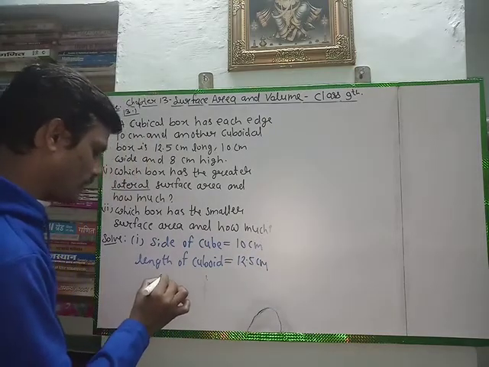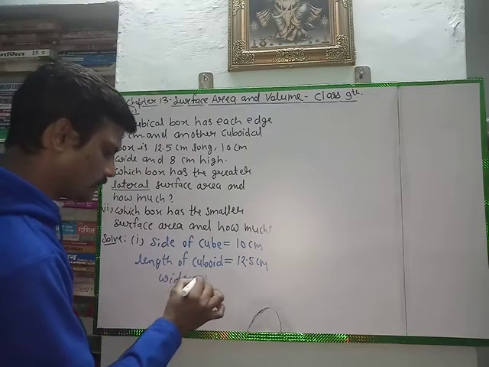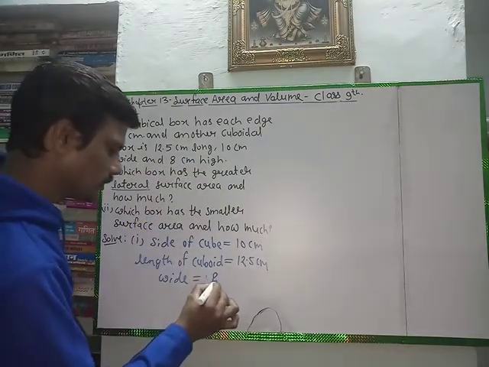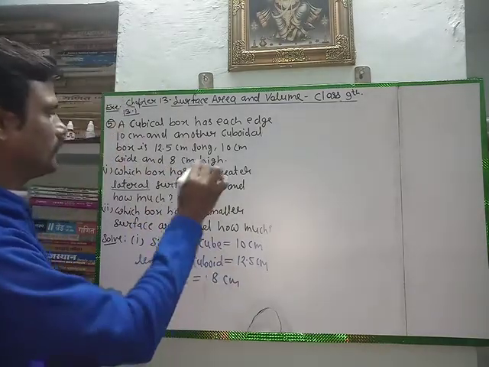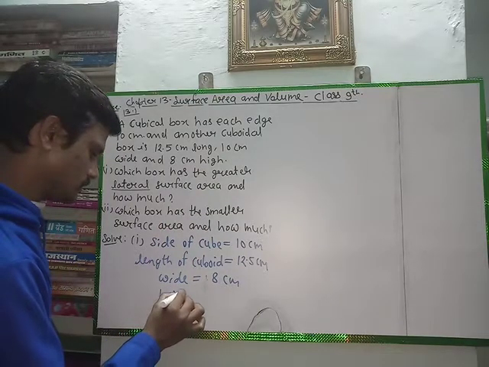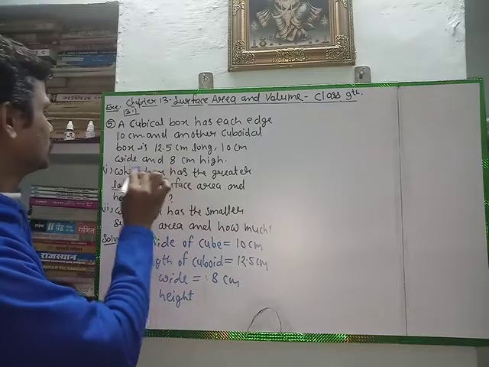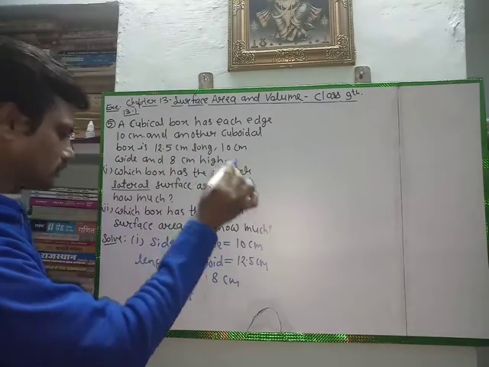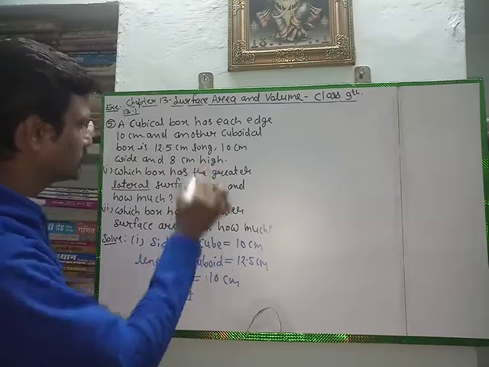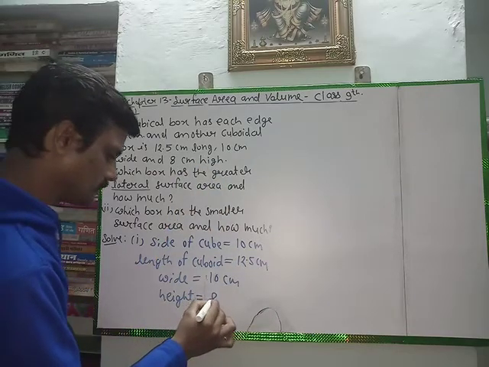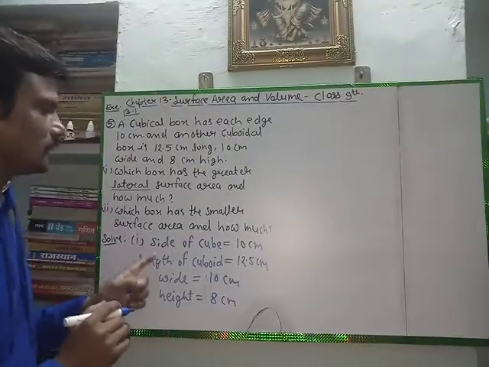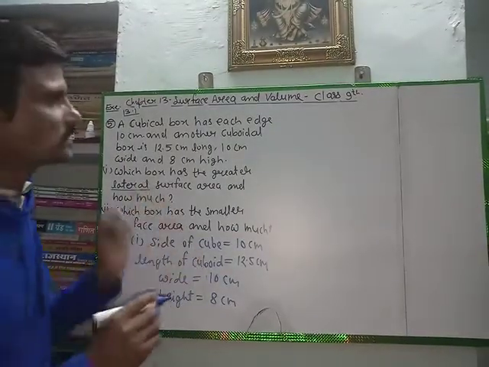Breadth or width is 10 centimeter and height is 8 centimeter. These values are given. So we will calculate the lateral surface area of cube first.